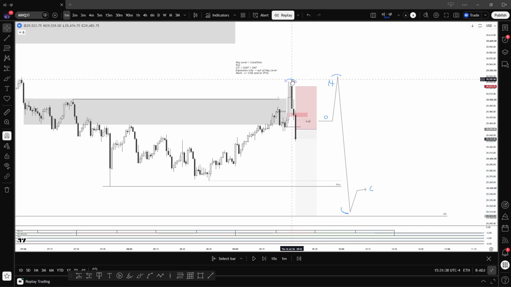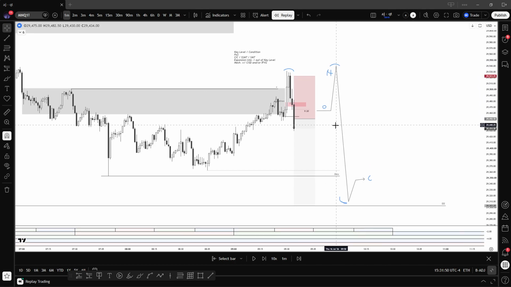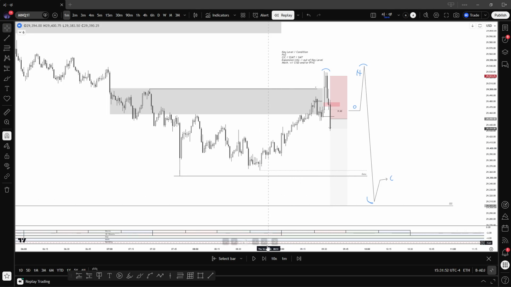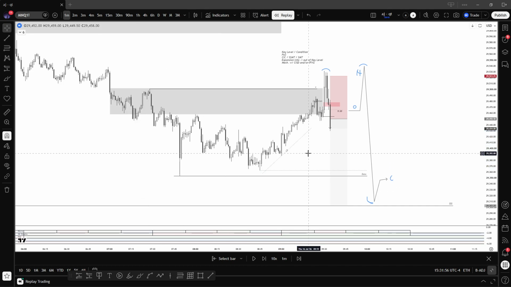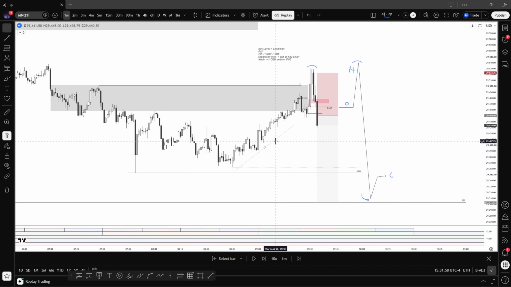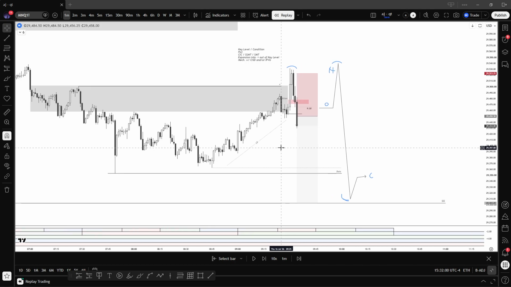Okay, so now, right, we have the expansion into and out of the key level aligned with the power of 3 development, open higher. Expansion away should confirm that this high is established, that this high is put in. So now, there's nothing, this to me is all LR. There's no significant thing we should reverse off or could reverse off.